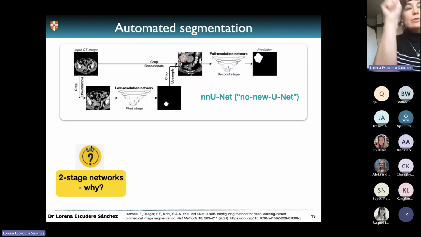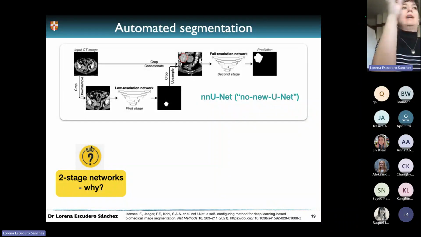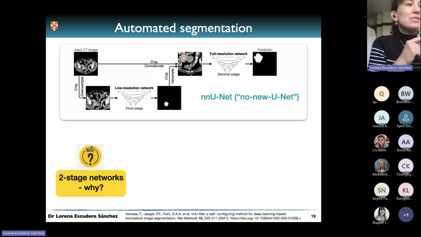One of the models he implemented first used a low resolution network, downsampling the image and finding a region with a first stage U-Net, then cropping that part and training a second full resolution U-Net. I have a second pub quiz question. Can somebody tell me why we need two-stage networks, or why it would be convenient to have something like this?